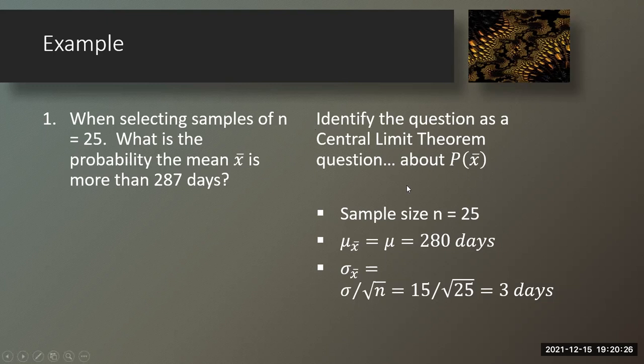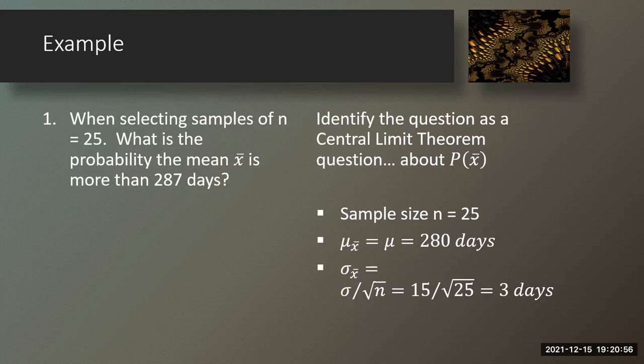As I was saying, your real chore here is to identify this as a central limit theorem type of question. And the only real way to do that, let me come back to the question. When selecting samples of size n equals 25, that is the fundamental detail there that you need to pull out.